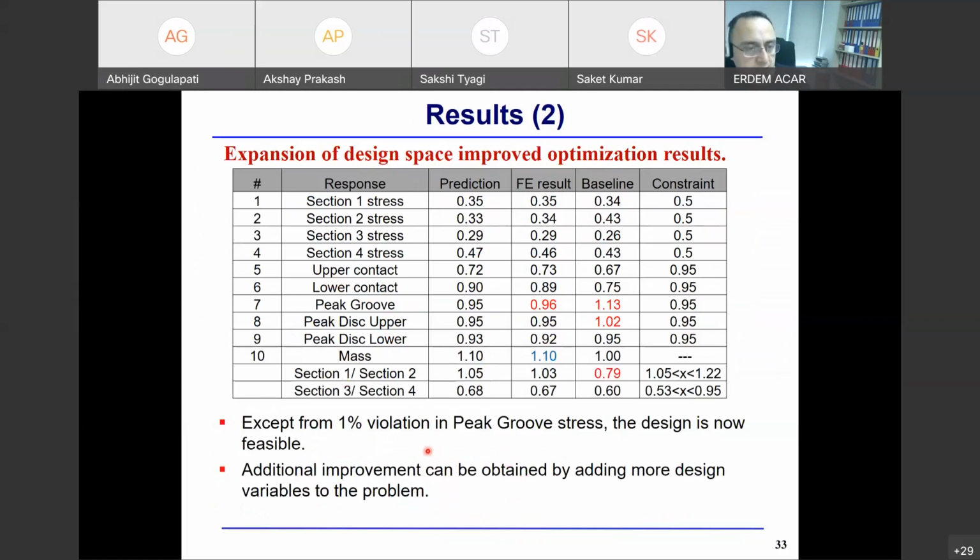In the second run, we find that except for a 1% violation in the peak groove stress, the design became feasible with a 10% increase in mass. Then we thought we may increase the improvement by adding more design variables to the problem.